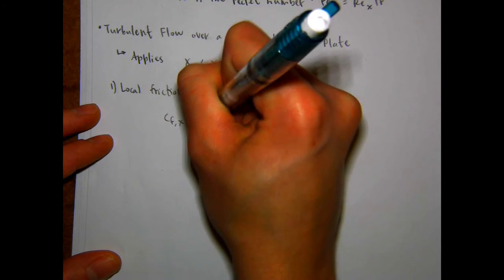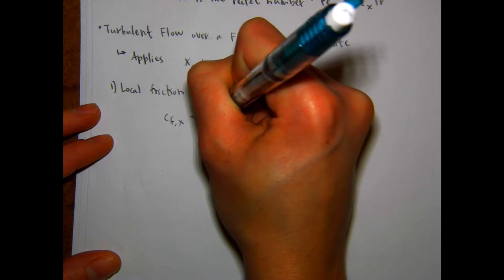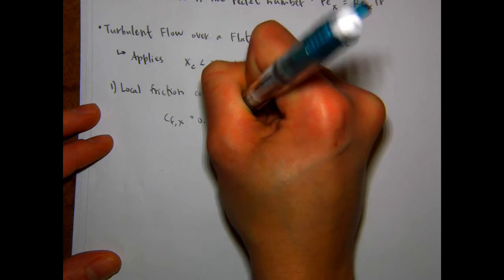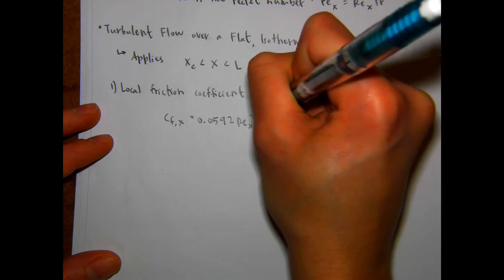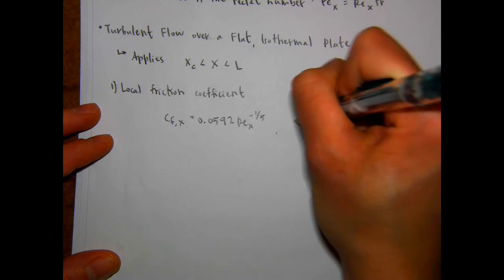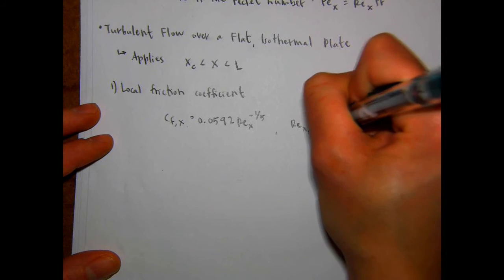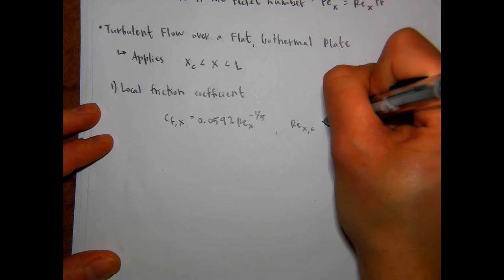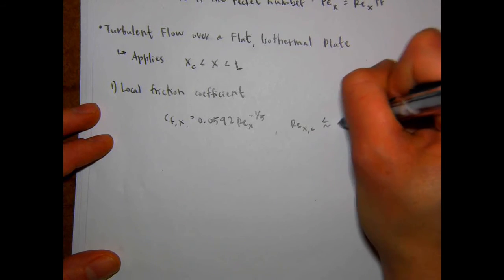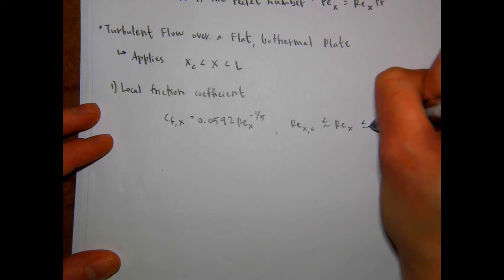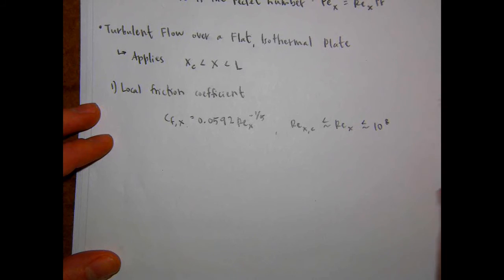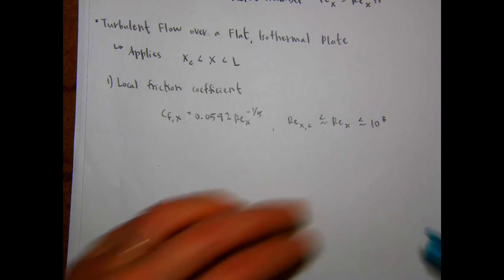C sub f is equal to 0.0592 times the Reynolds number to the negative 1/5. And this is for Reynolds numbers between the critical Reynolds number and 10 to the 8th.